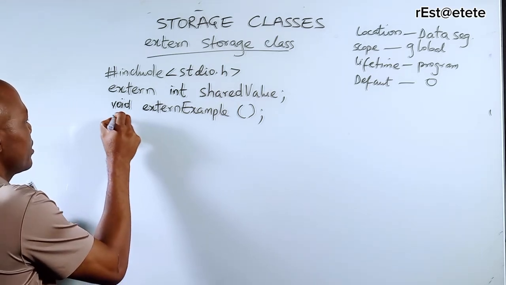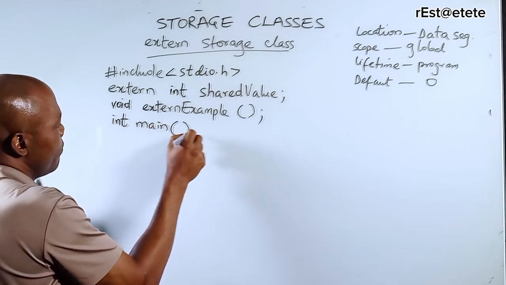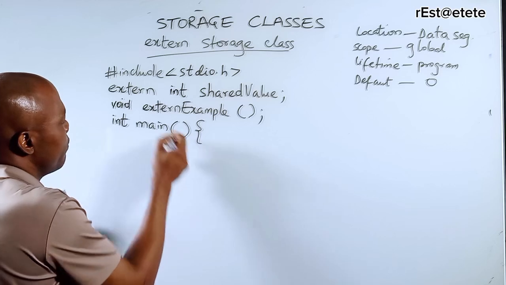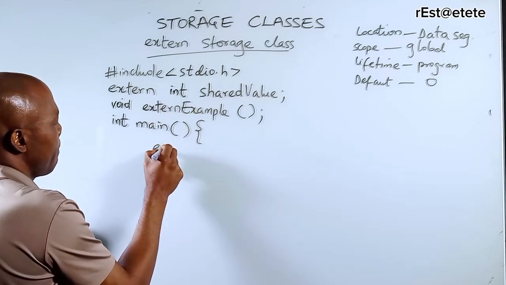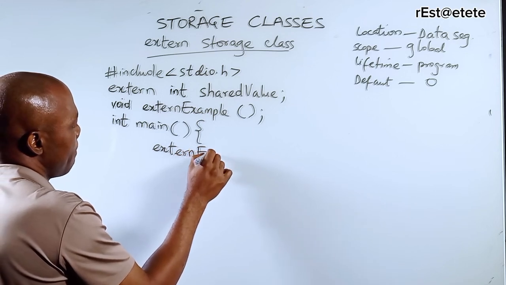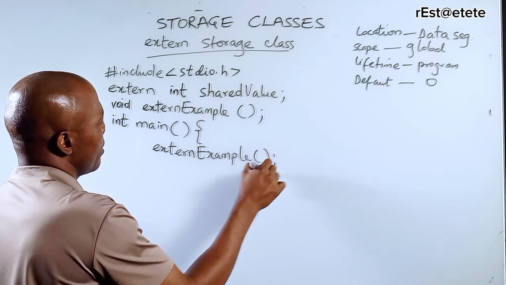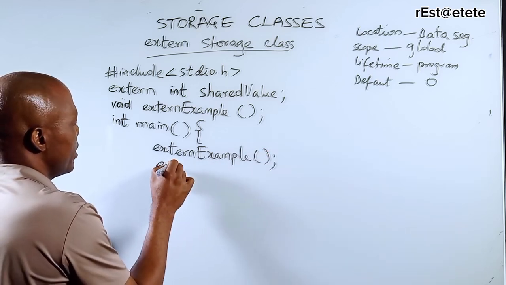Then I'll say int main. I'm calling my main function. Inside this main function, I'm going to call this extern example. And then I'll call it again.